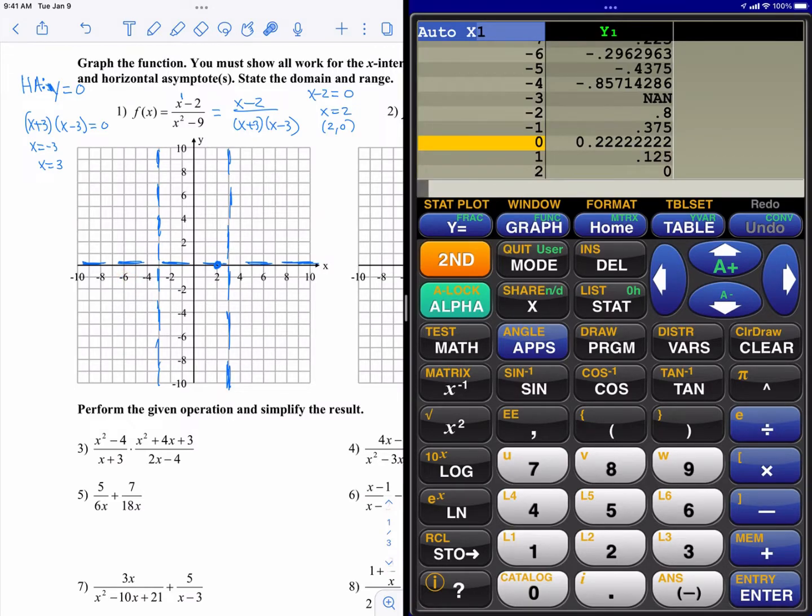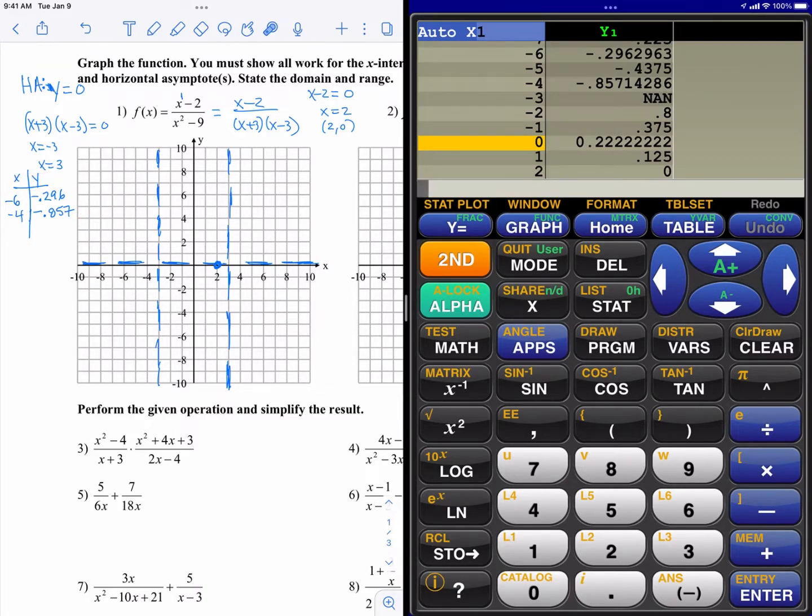Based on the table, when x is negative 6, my y value is negative 0.296. When x is negative 4, my y value is negative 0.857. I'm writing those values here in the table.